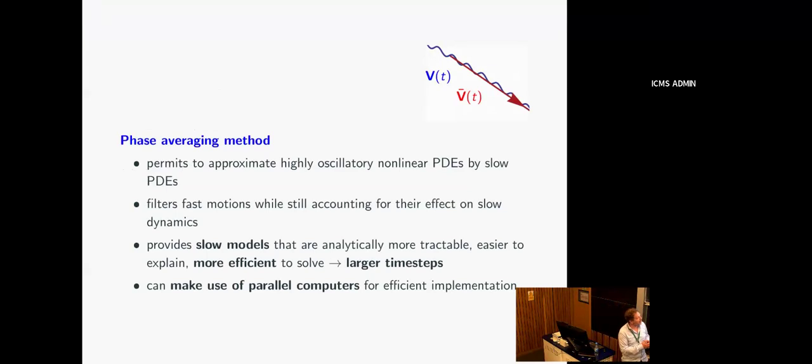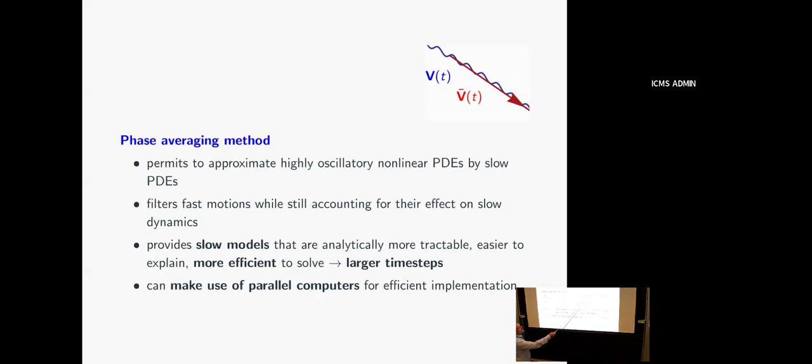First of all, we can approximate a nonlinear PDE by a slow one. This is good for analytical study, since it's easier to track a slow PDE. I won't go into detail today, but we can filter out fast motion, and this is important either for having larger time stepping or also for studying analytically.